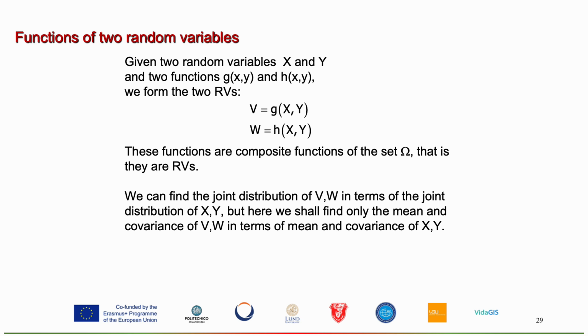We would like to find the joint distribution of v and w by starting with the joint distribution of x and y. But this is not so tricky as a problem to be solved, and in this set of introduction to statistics, we are going just to find out the propagation of the mean and of the covariance in terms of the mean and covariance of x, y.